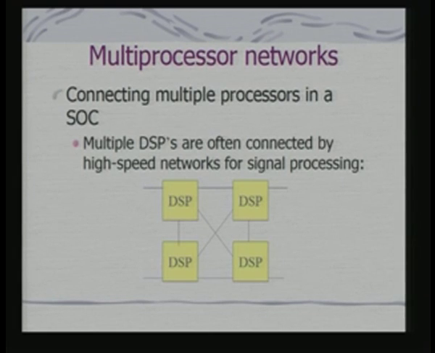An example is multiple DSPs connected by a high speed network for signal processing applications. Here what we have shown is direct connectivity. There are 4 DSPs, and each DSP is connected to 3 others, so they can carry out, if required, parallel communication with 3 other DSPs.